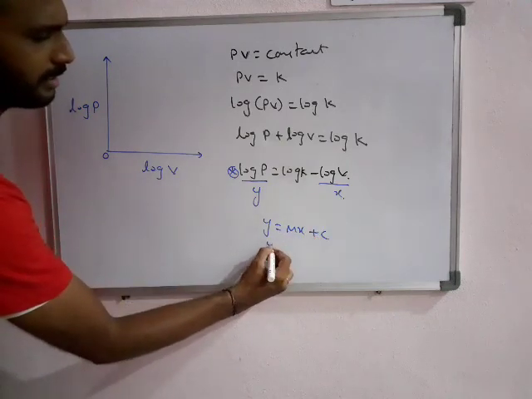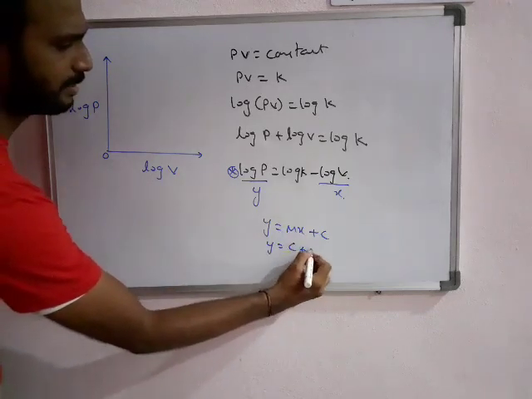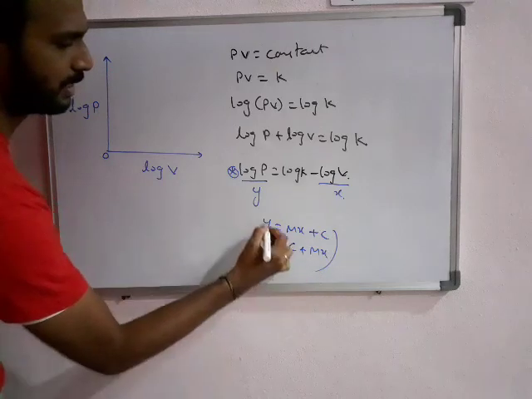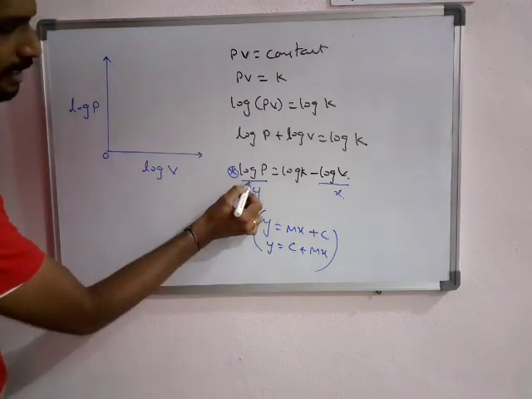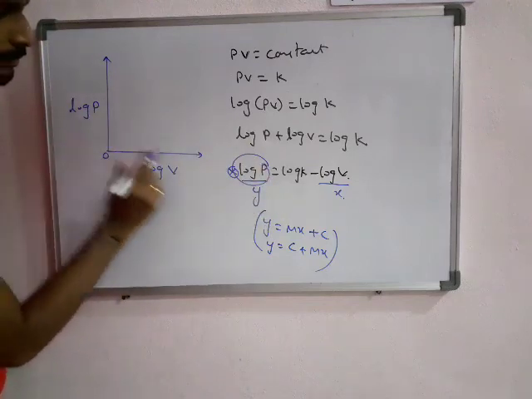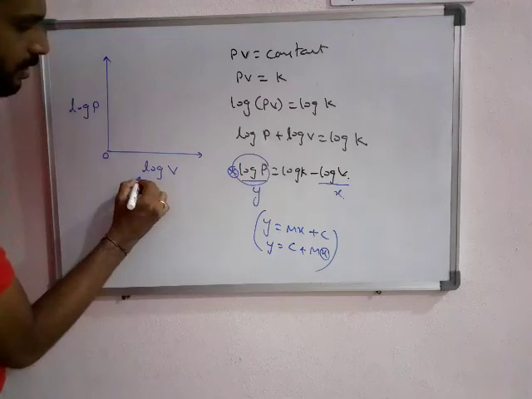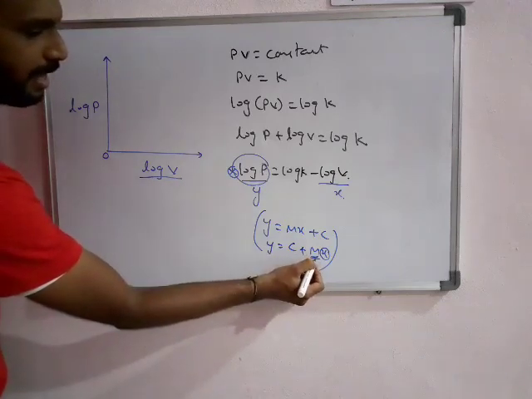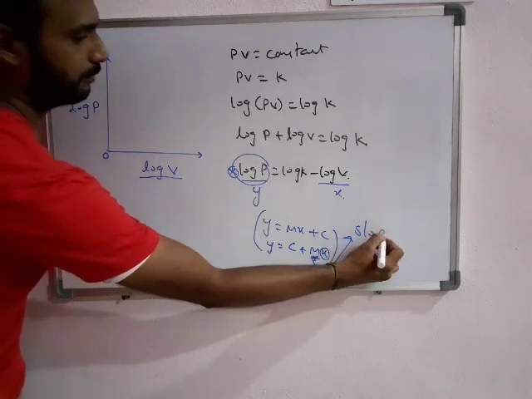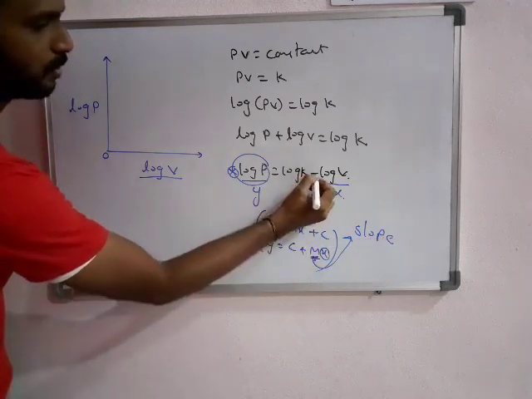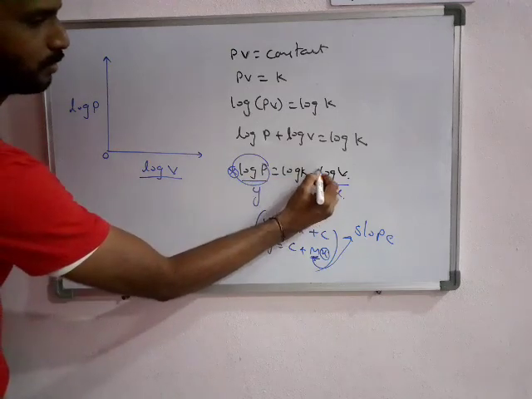Here it is y equal to c plus mx, no change in it. On the y-axis we have log P, and on the x-axis log V. What is in the place of m? Here m indicates the slope. In this equation we have m equal to -1.